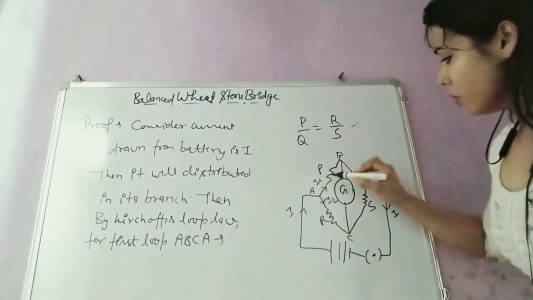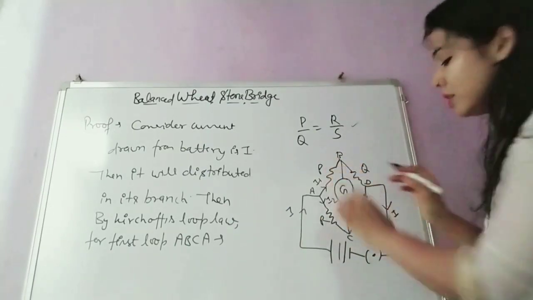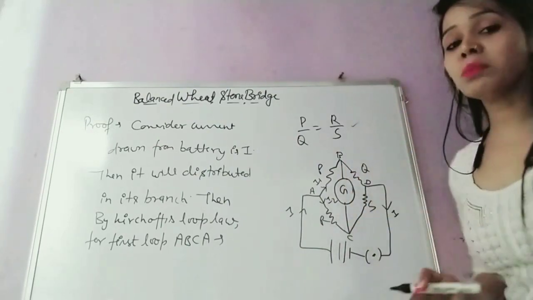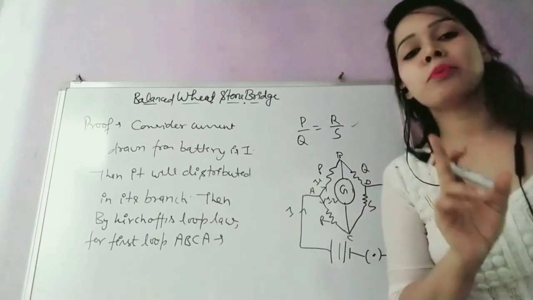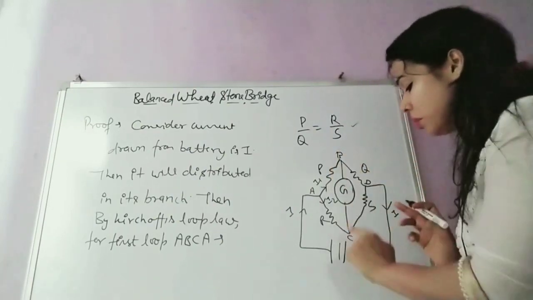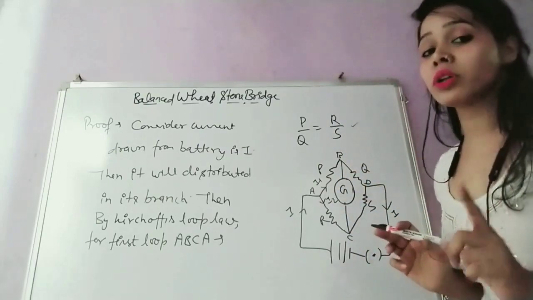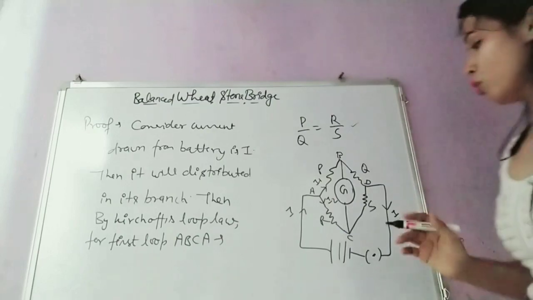Now this I1 current, now we are not considering that it is IG, this current through this branch is 0. Current through this branch is 0 means what? At point B and C there is the same potential. Same potential, that is when current does not flow. If there is a potential difference, then current will flow from higher potential to lower potential.